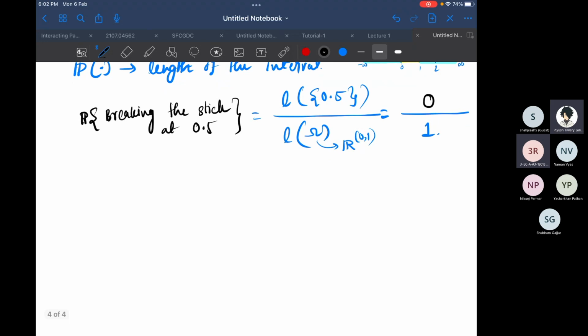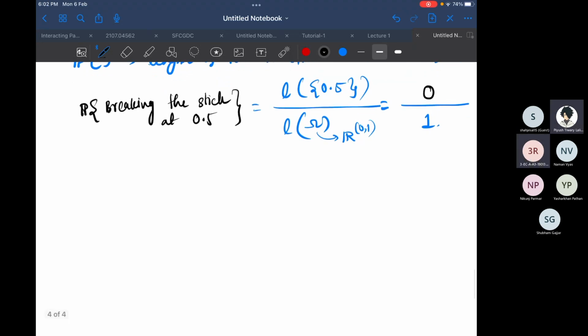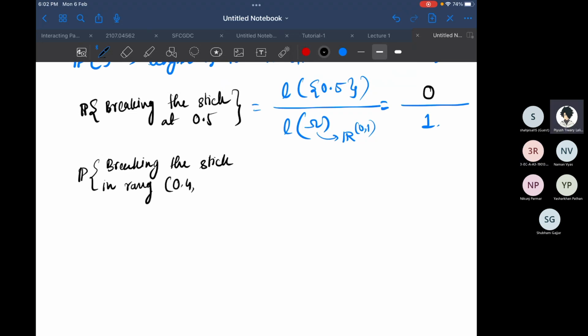Let me give you an example. What is the probability of breaking the stick in the range, let's say, 0.4 to 0.9?